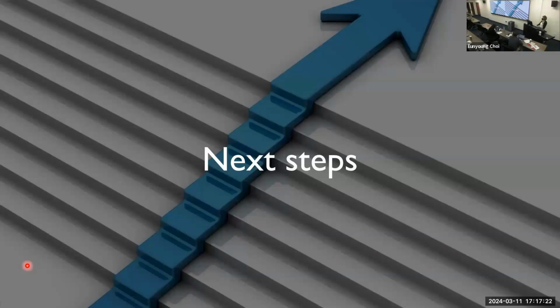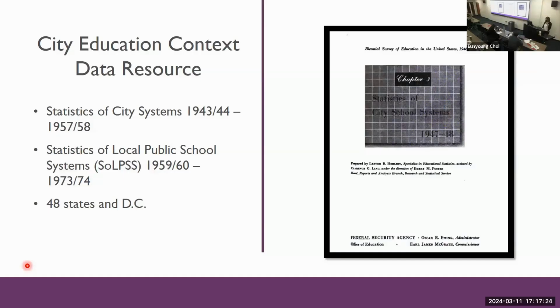So next steps. We're also in the process of extracting the city data that's also available in these historical reports. We decided to only focus on the years 1943 through 1974 for a few reasons. We have to link this data using the Life History Mail Survey, and some of our prior research has found that the older cohorts are quite selective because they had to survive to 2015 to be in the Life History Mail Survey.